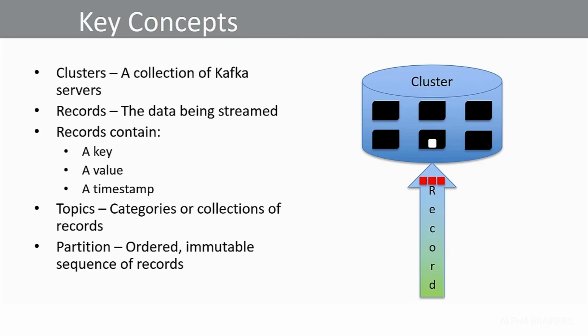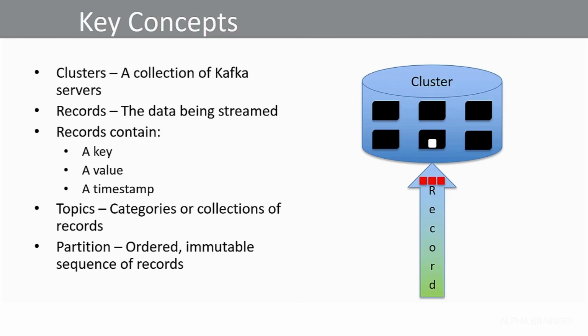And then we also are going to talk about something called a partition. The purpose behind this is to handle that scalability factor, and that is that we want to make sure that we can actually have enough servers to handle all of the topic information, all the records coming into the Kafka cluster.